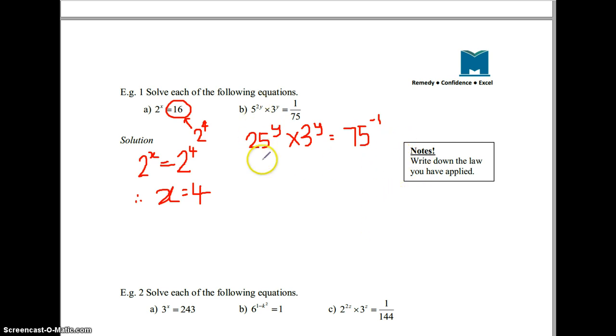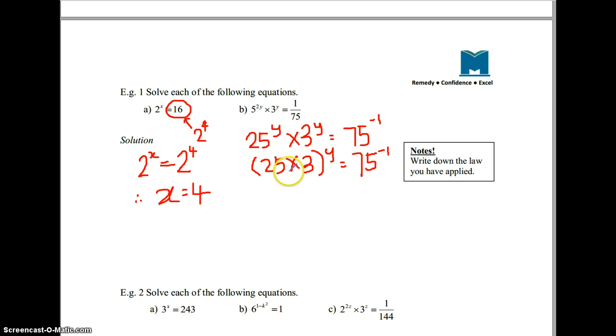Now if you look at this, they share the same power, correct, but their base is different, so I can then combine them together like that. 25 multiply by 3 to the power of y is equal to 75 to the power of minus 1.